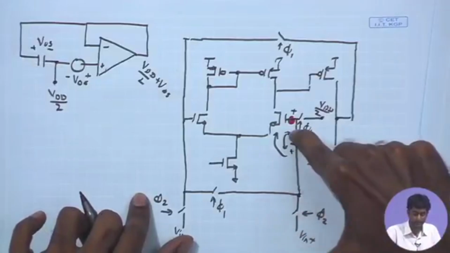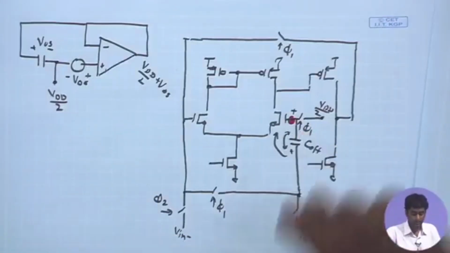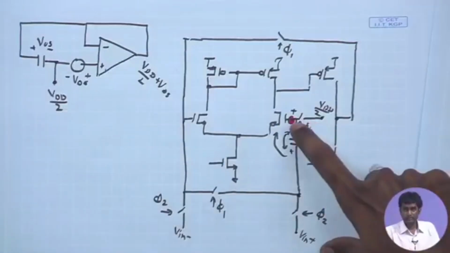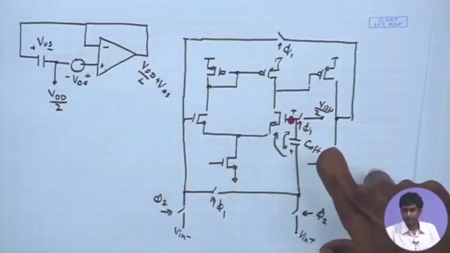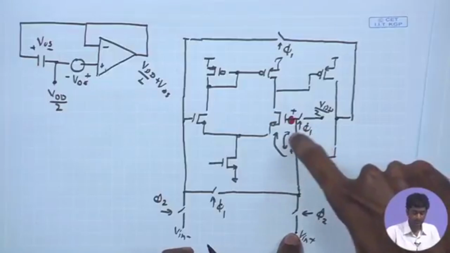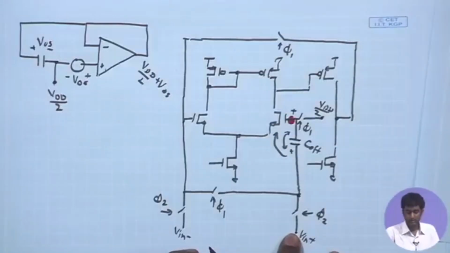So, V in plus minus V offset appears over here, and therefore, as long as this is connected to V in, this will be V in minus that V offset, and if V in plus is having a certain DC level, therefore, this automatically is carrying that DC level plus the V offset minus the V offset quantity.